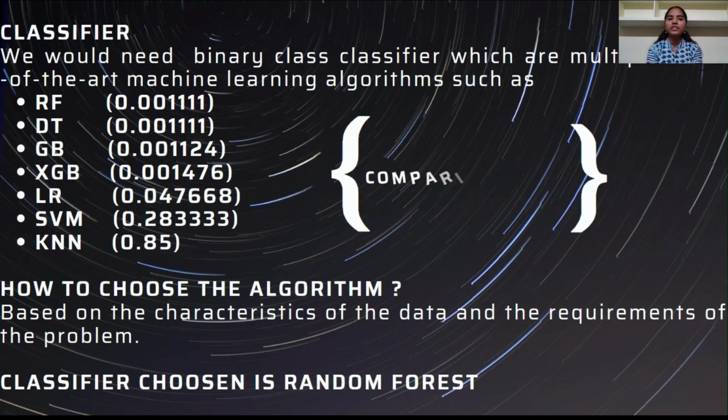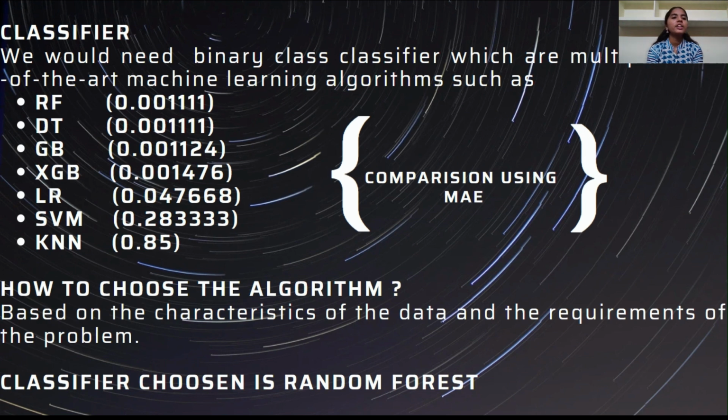The reason behind choosing random forest as my classifier is that I have worked on different classifiers: random forest, decision tree, GB, XGB, logistic regression, SVM, and KNN, and I used MAE as the metric to compare them. The classifier with the least MAE is considered the best.